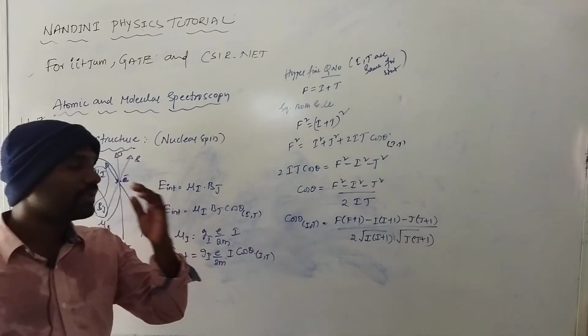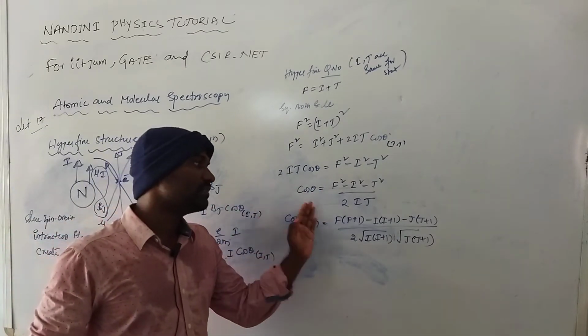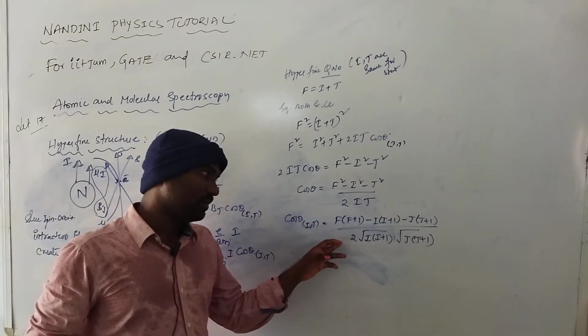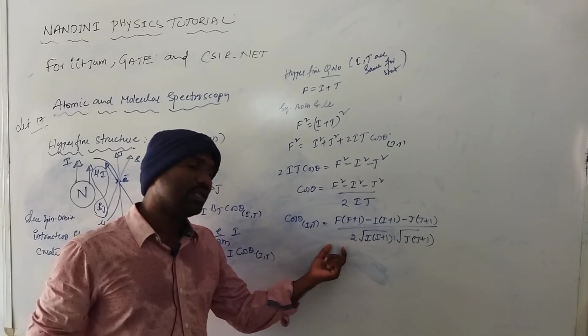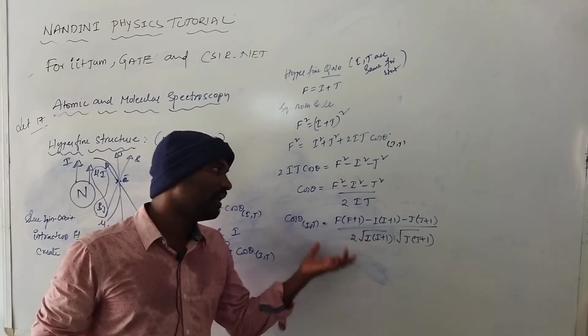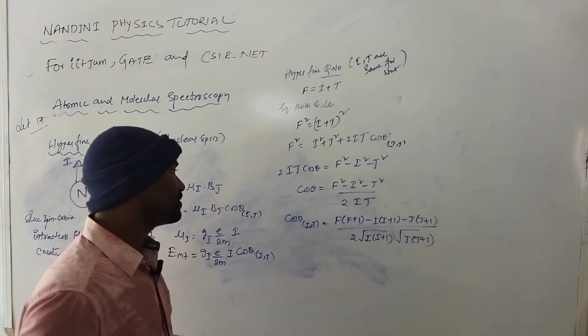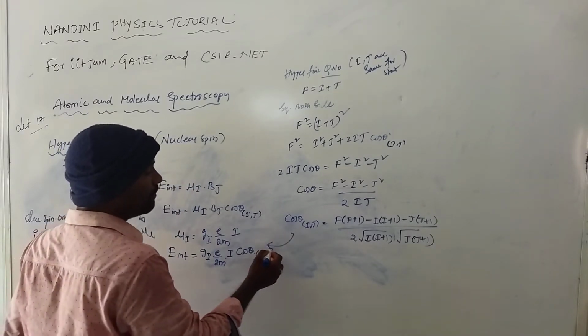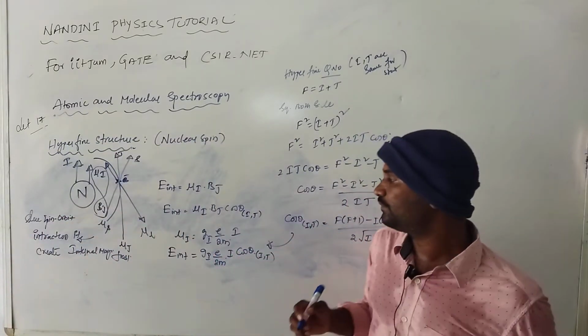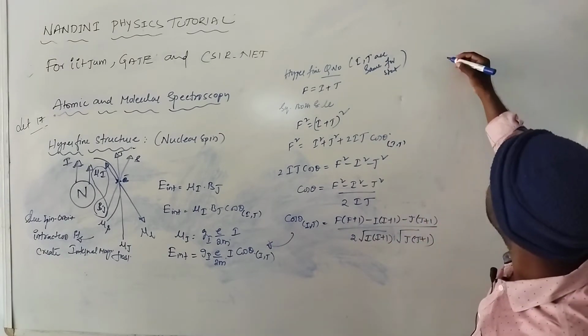Taking these expectation values, h square is common in the numerator and also in the denominator, so both cancel. That is why I need not write the h square value here. So, simply substitute this value in the above equation, then you will get the final equation.